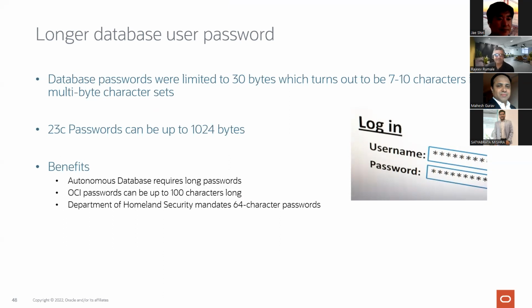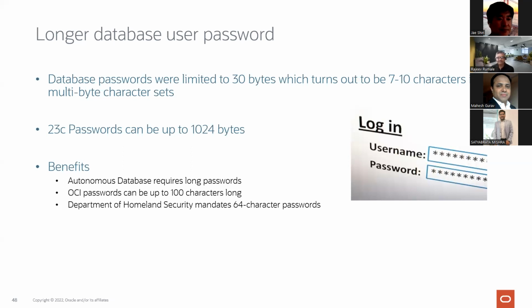So till now we had a limit of 30 bytes for passwords, which means we can have a password of maximum 7 to 8 characters, especially when you're using a multi-byte character set, where the bytes are longer.